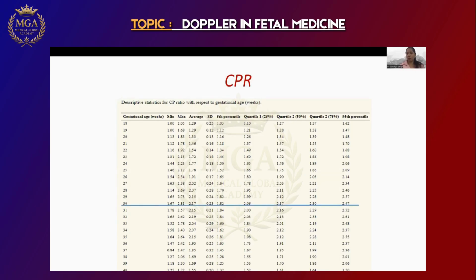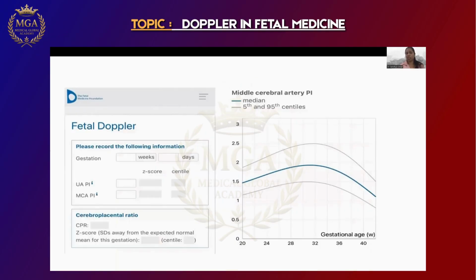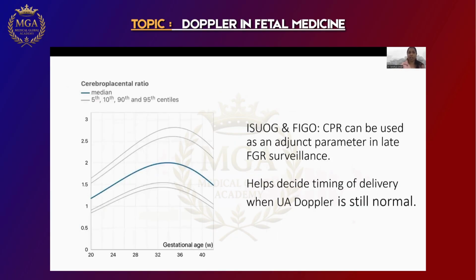You have formulas, you just put in the gestational age, you put in the umbilical and MCA, it will calculate CPR, and it will give you the centile automatically. Done. Nothing you have to calculate manually. Now, all the guidelines, FIGO, ISUOG, everybody is telling that CPR is a very important parameter in fetal growth restriction management, specifically in late onset fetal growth restriction.